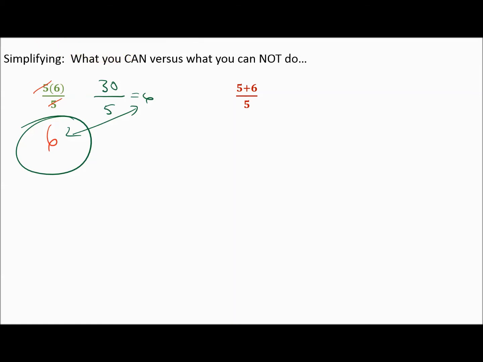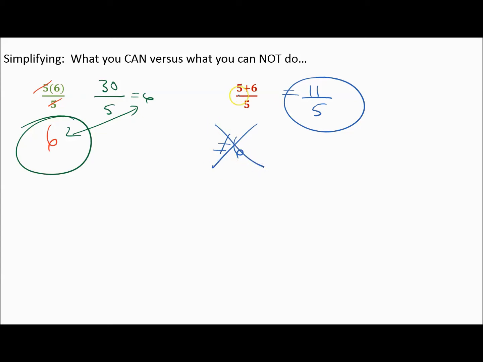Over here, the question is, can I cancel that 5 and that 5? Well, what we need to do is simplify the expression without canceling. Just do the operation. 5 plus 6 is 11 divided by 5. That doesn't simplify anymore. But had we canceled this 5 and this 5, which we cannot, we would get 6. And we know that's not right.